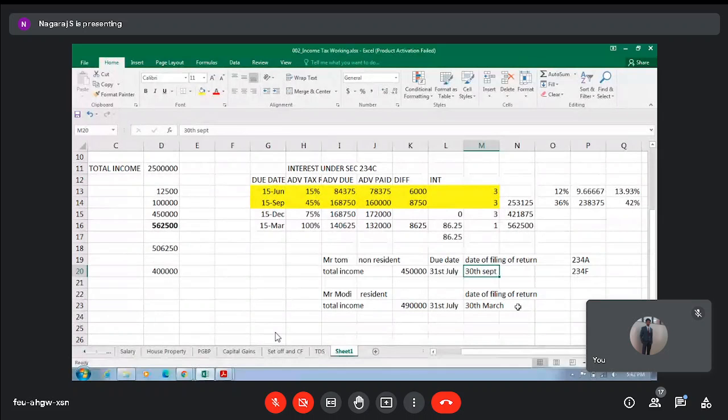Late fee means 234F. Interest means 234 A, B, C. Late fee is 1,000 only, sir. Why 1,000 only? Because total income has not exceeded 5 lakhs.